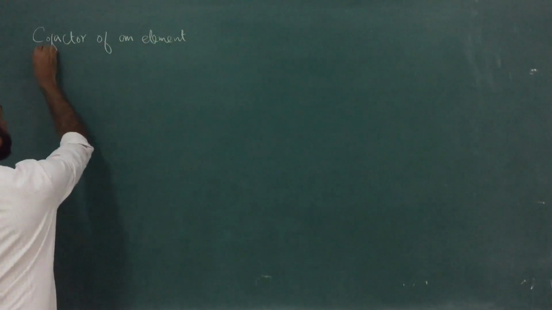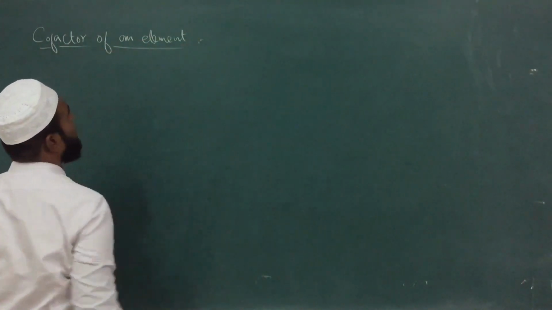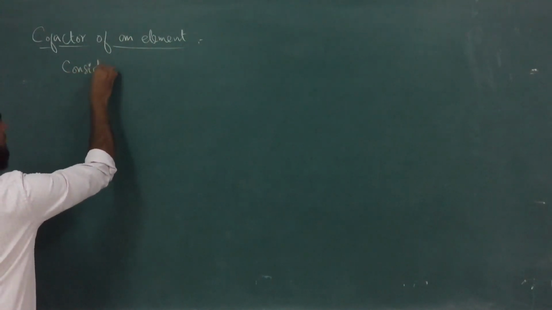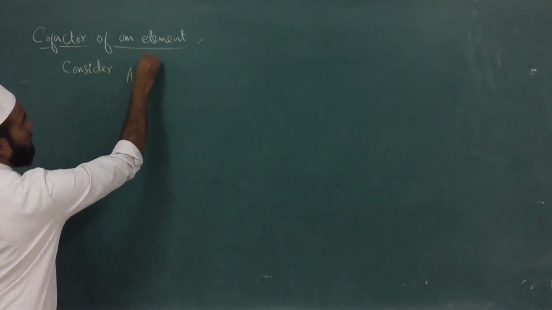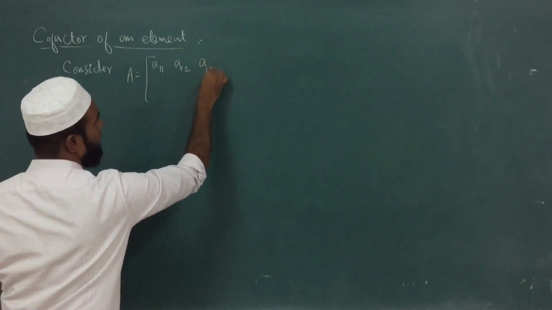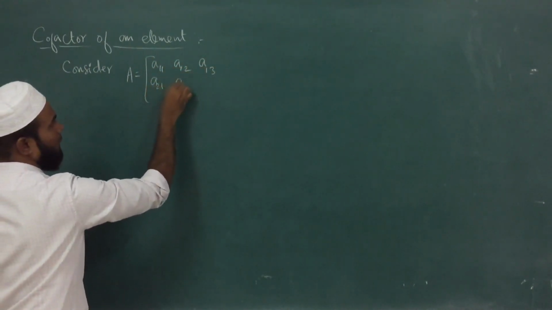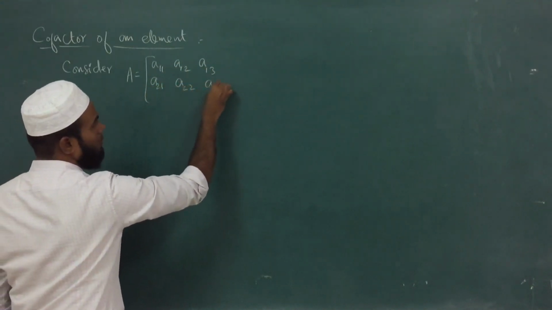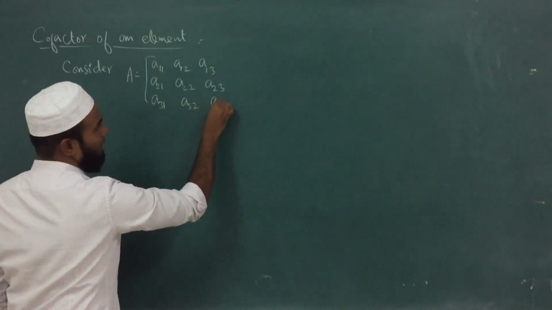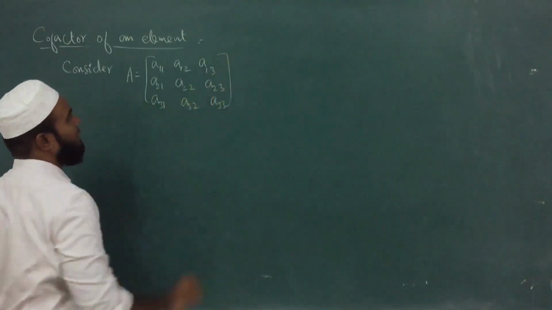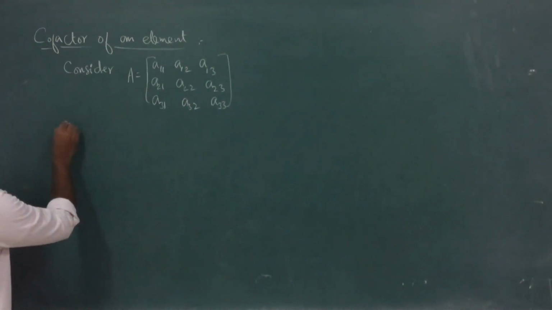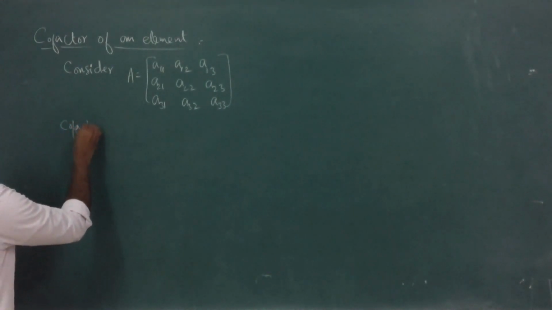Let us consider the 3 by 3 matrix A, with entries A11, A12, A13, A21, A22, A23, A31, A32, and the last entry A33. Then how do we define the cofactor of any element?